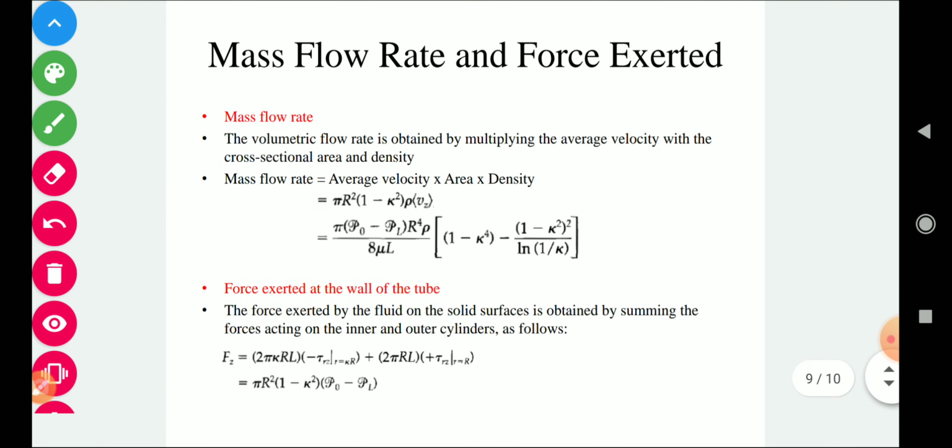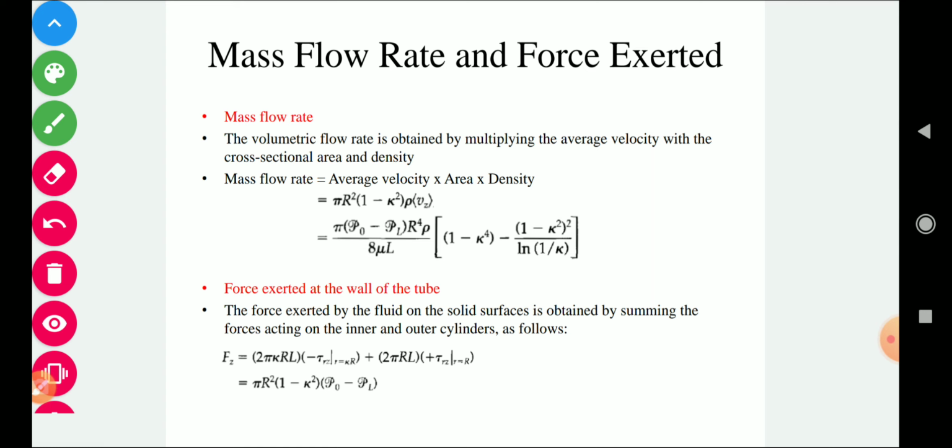Now again, if you want to calculate mass flow rate and force exerted, then mass flow rate will be the volumetric flow rate obtained by multiplying the average velocity with the cross sectional area. So mass flow rate is equal to average velocity into area into density.